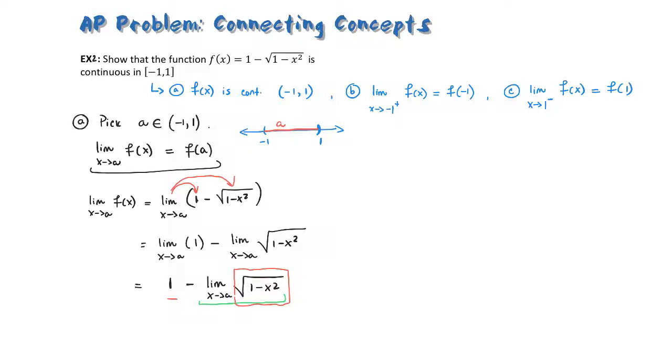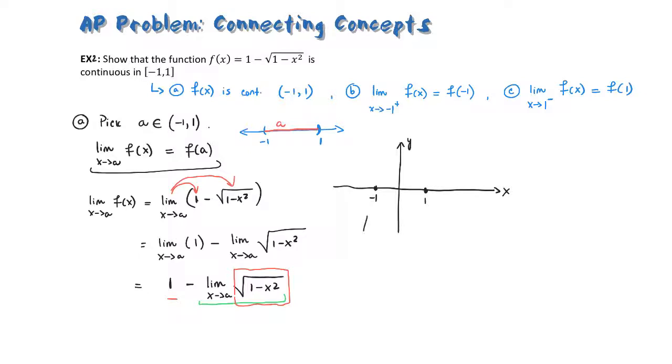So let's see what happens in the interval (-1, 1). I am going to ask you to try to remember how to sketch a simple quadratic like this one. 1 minus x squared is a quadratic with x-intercepts at -1 and 1.